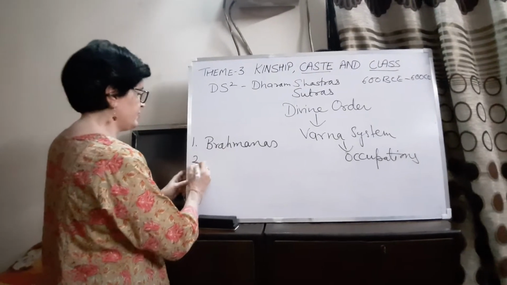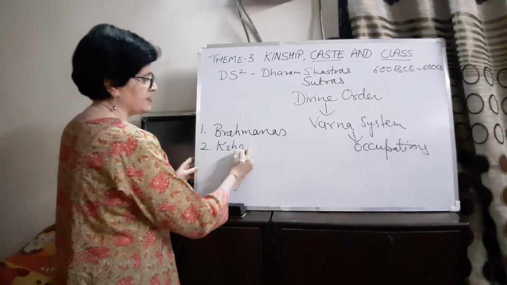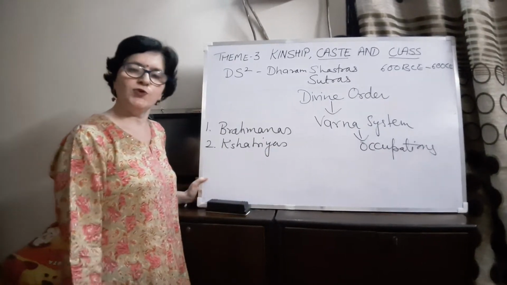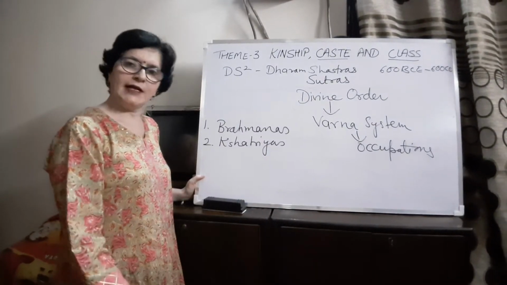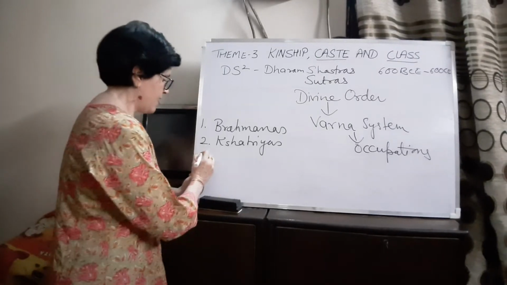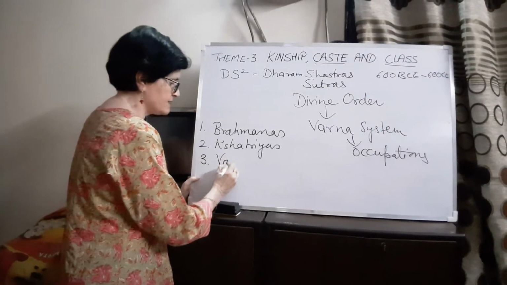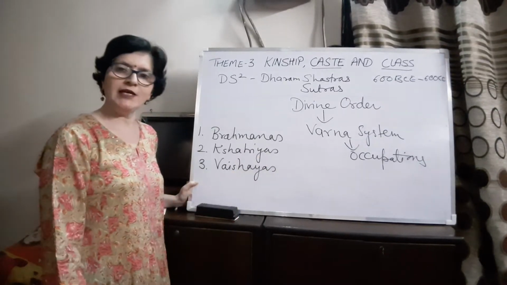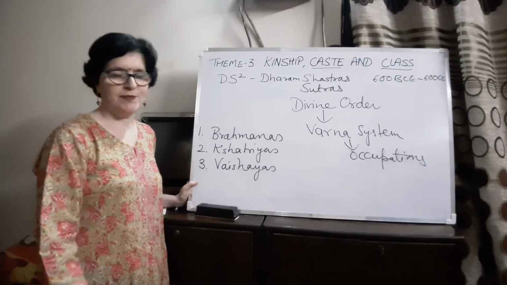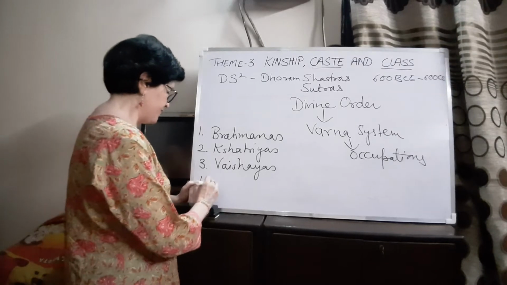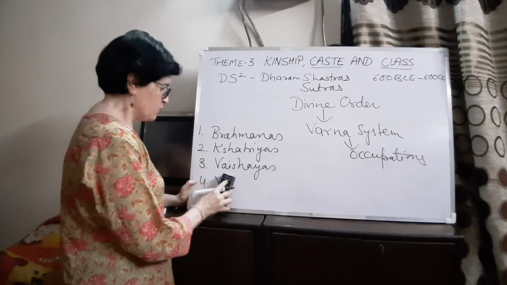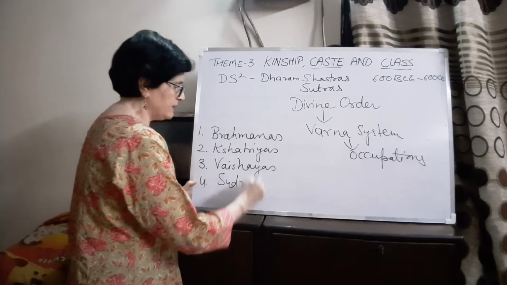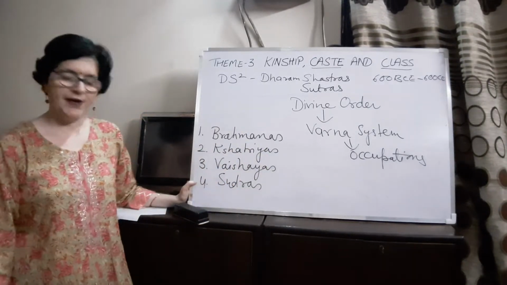The second, Kshatriyas, were the warriors. Their duty was to protect the kingdom. Third were Vaishyas, whose occupation was economic activities like merchants and traders. And fourth was Shudras, whose duty was to serve all the higher varnas.